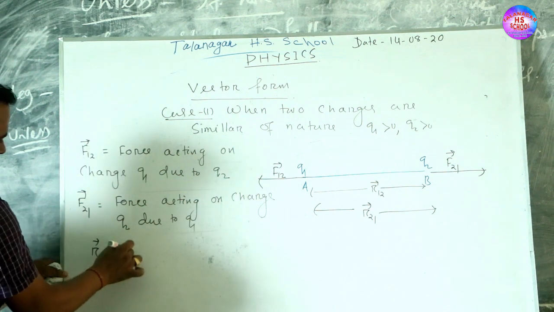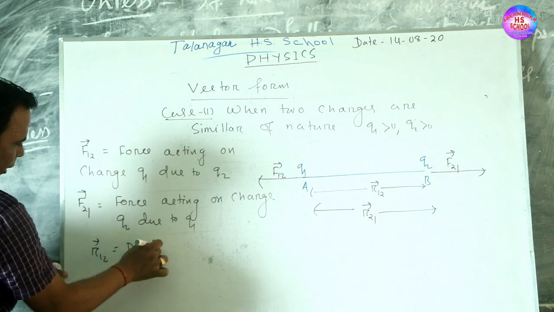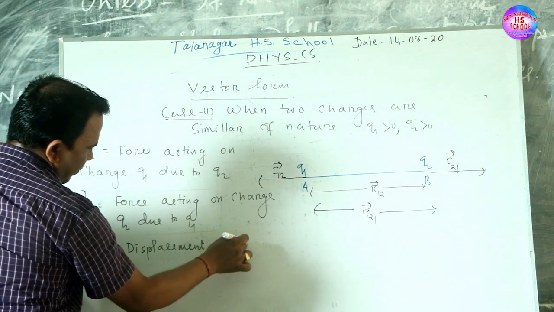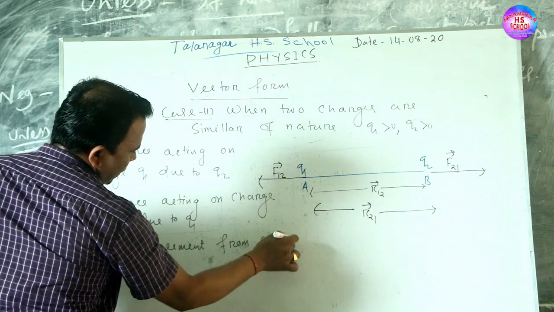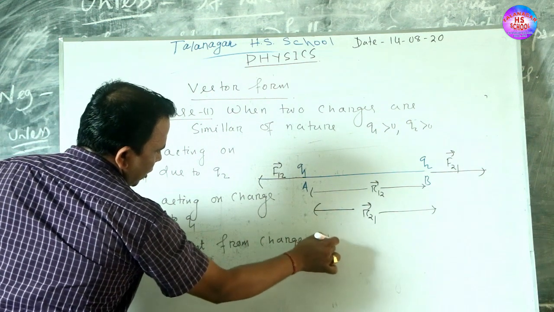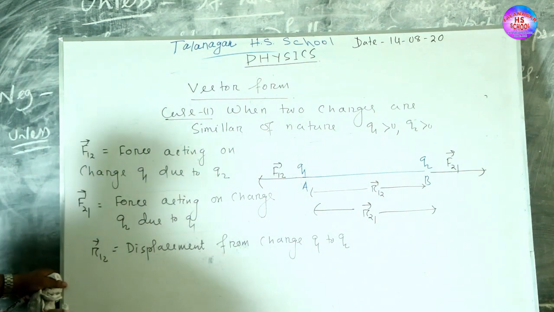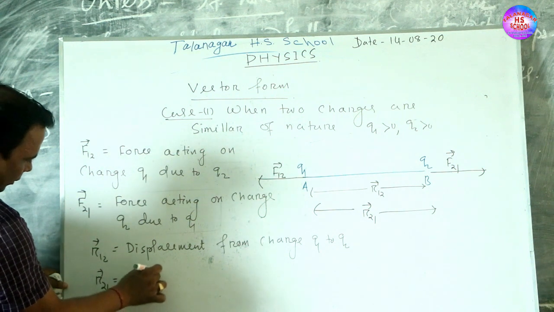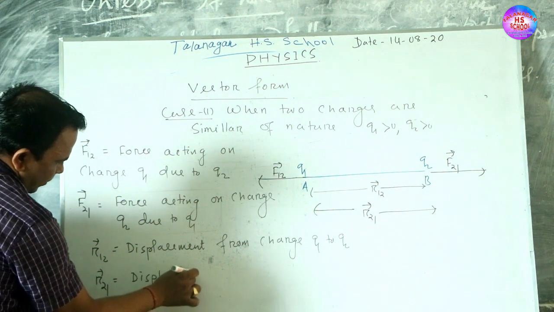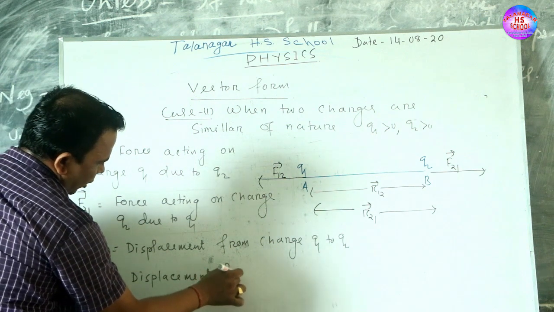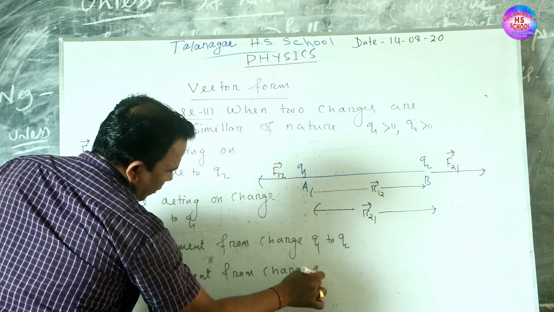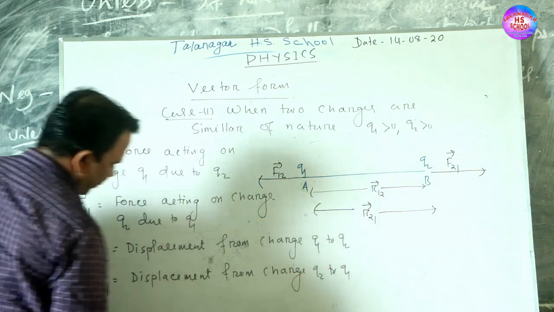R12 is the displacement from charge Q1 to Q2. R21 is the displacement from charge Q2 to Q1.